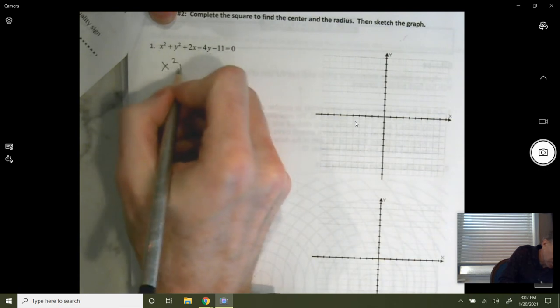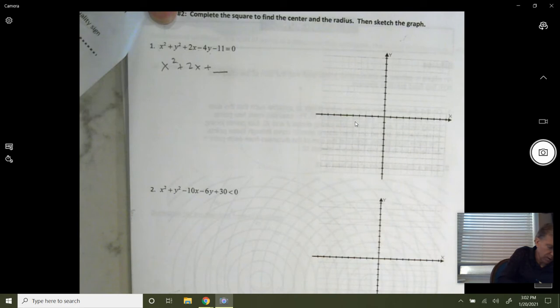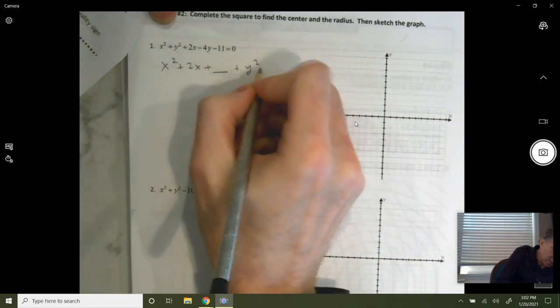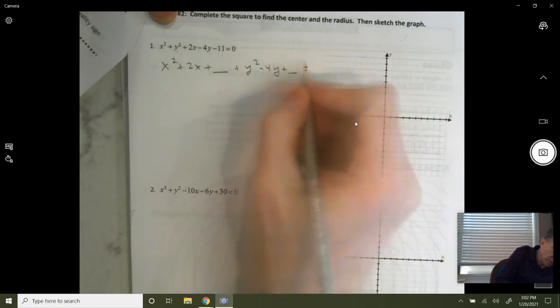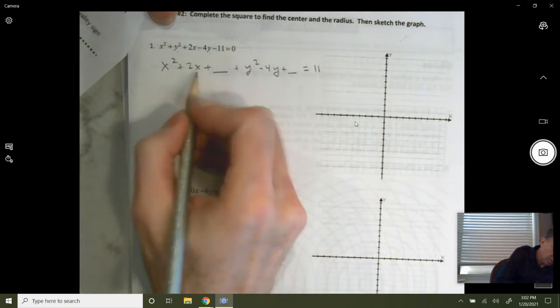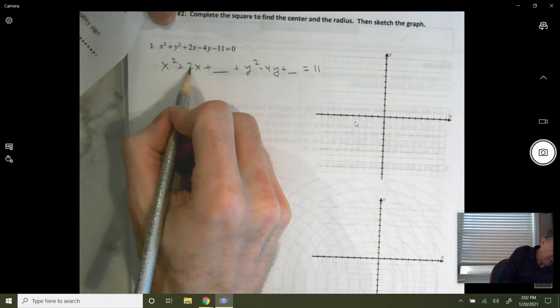Let's put the x's together. X squared plus 2x. Put a space there to complete the square. Then put our y's together. Plus y squared minus 4y plus blank equal to, and I'll move the 11 to the other side, becomes positive. Okay, so here I complete the square, I take half of this and square it.